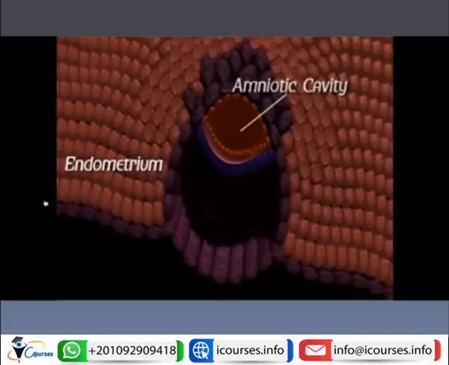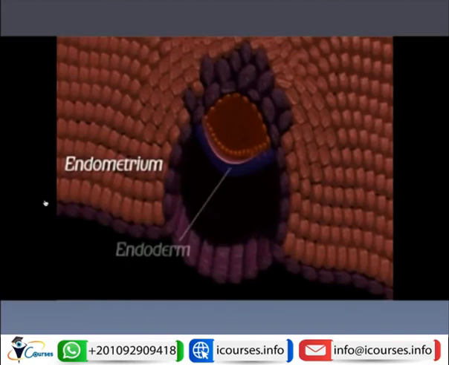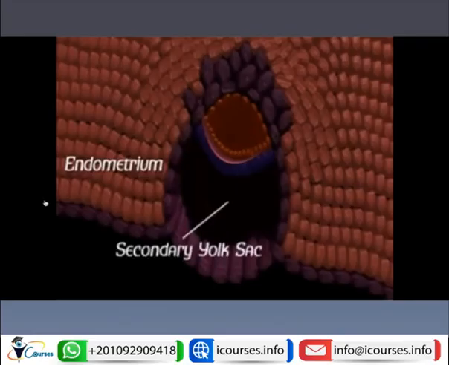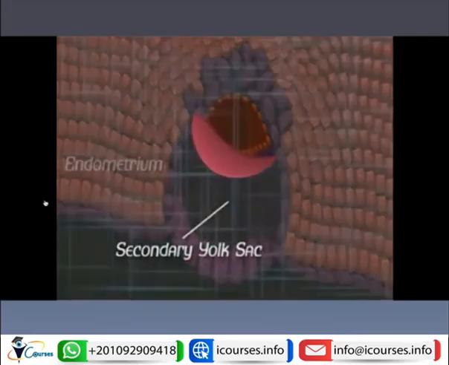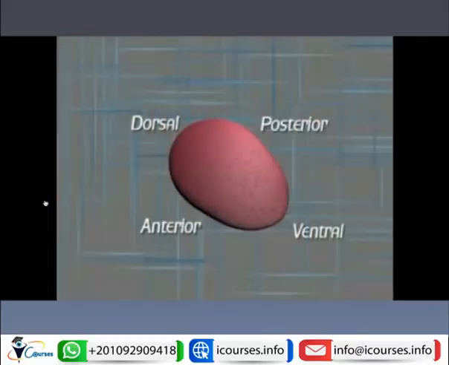This eventually becomes the epithelium or the epidermis. The ventral cell layer is referred to as the endodermal layer. These cells are cuboidal and form the roof of a second cavity called the secondary yolk sac. During the first 2 weeks, the axis of the embryo is established.